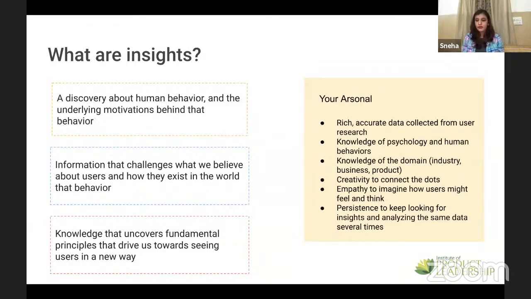A lot of times we look at companies that disrupted the market. They didn't disrupt the market because they did user research. They disrupted the market because they created a pattern between business, technology, and users. They understood what was missing for all three, and they matched all these dots, joined them, and took out the best part of it.